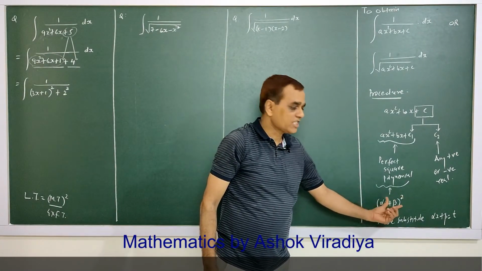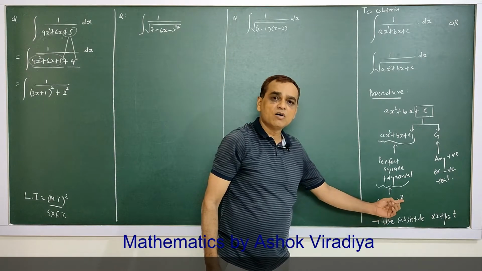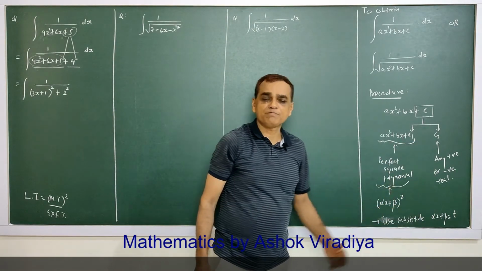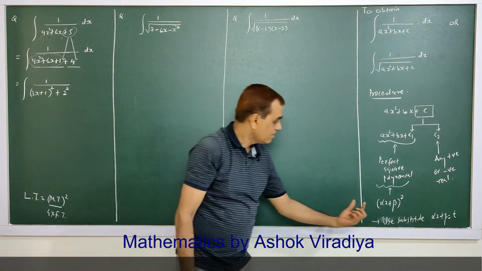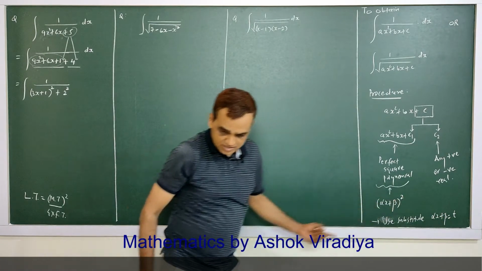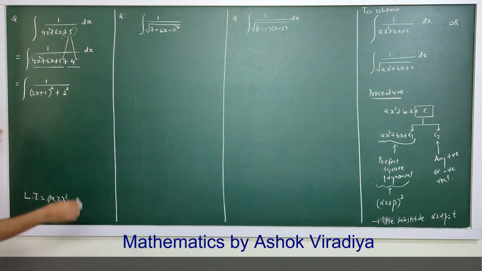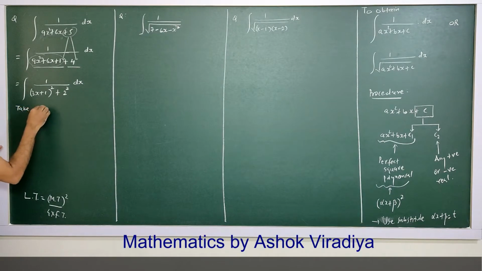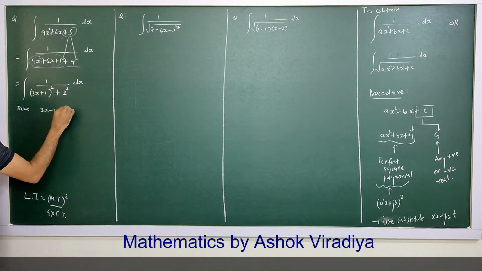We will obtain such an expression, alpha x plus beta whole square, after converting this to a perfect square polynomial. And then we take alpha x plus beta equal to t. Now we use the substitution. We are taking 3x plus 1 equal to t.